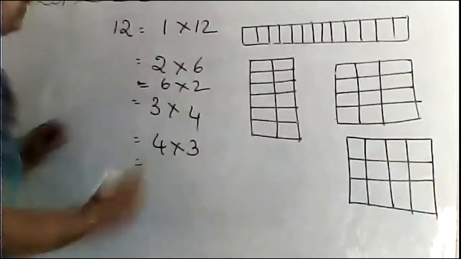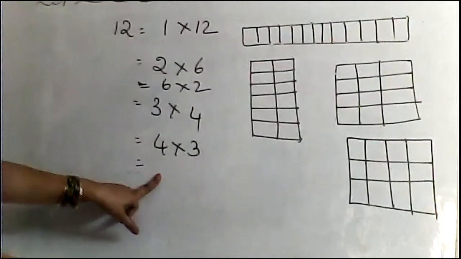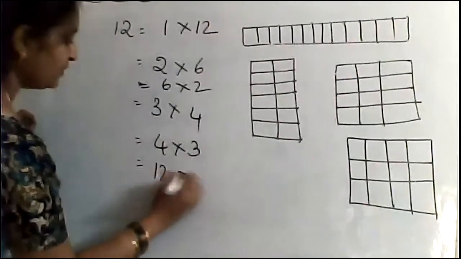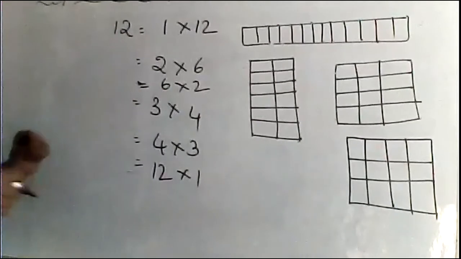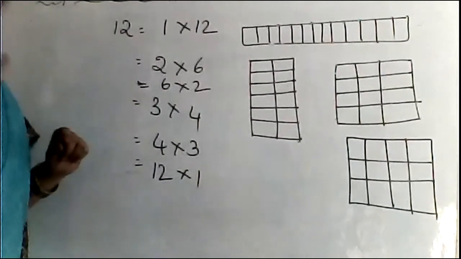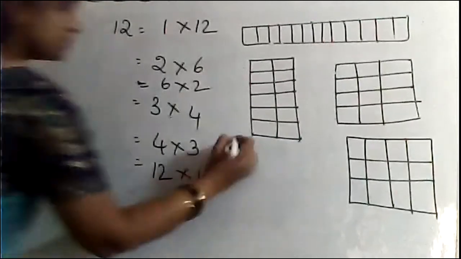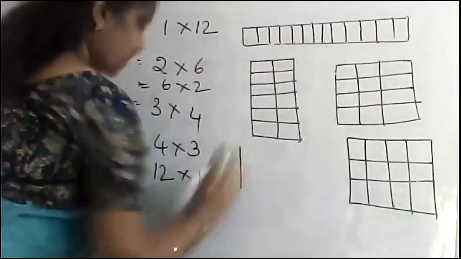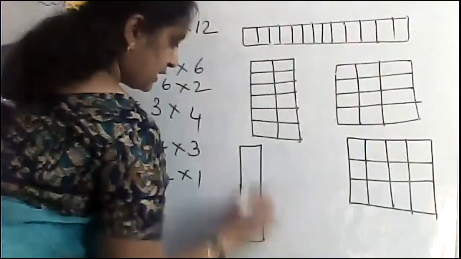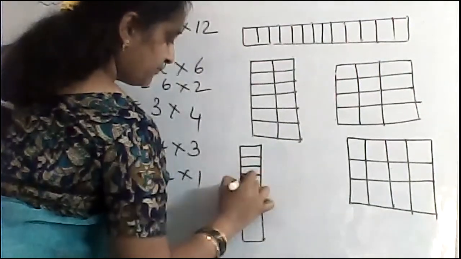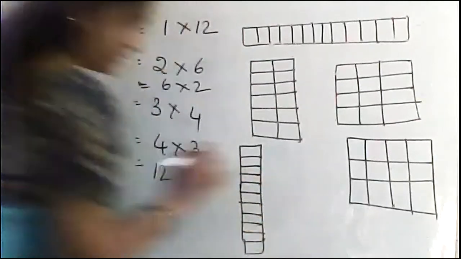Next one more. 12, anything else we will get? 12 into 1. 4, 5 is not going, 6 we already have. 7, 8, no. 9 will not go, 10 will not go, 11. Next 12 ones. So that means 12 rows, 1 column. 1, 2, 3, 4, 5, 6, 7, 8, 9, 10, 11, 12.